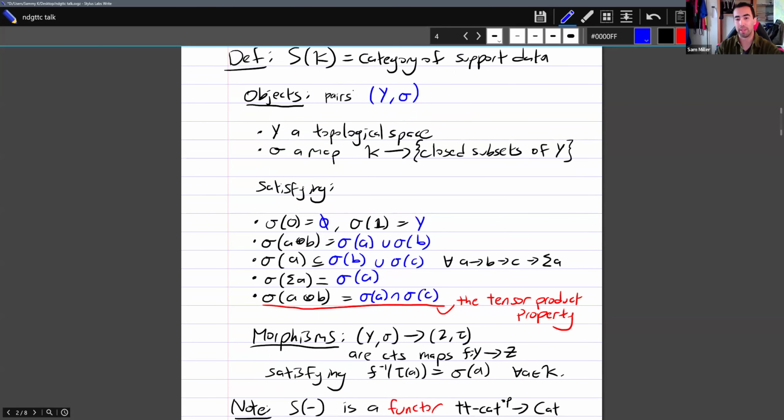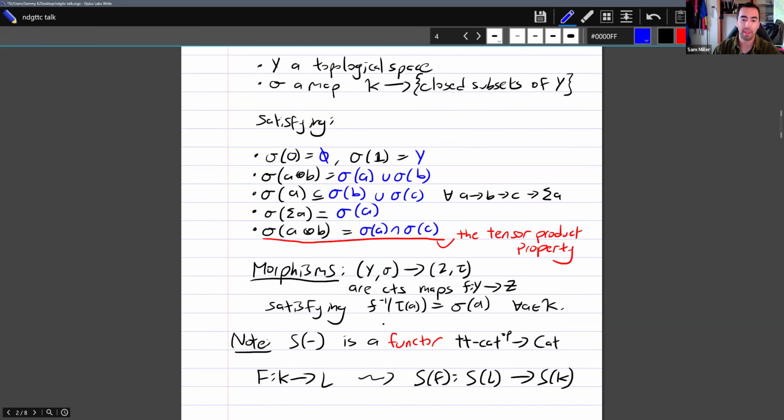And morphisms will be given by continuous maps f from Y to Z which send supports to supports. So f inverse of tau of A, the pullback of a support, which will be a closed subset of Y, is just sigma of A. So it preserves the support.